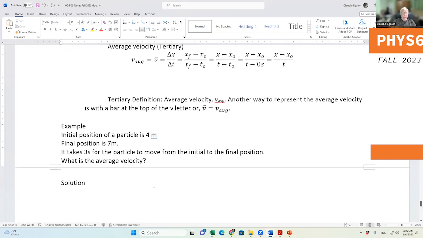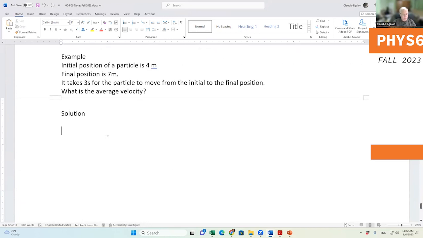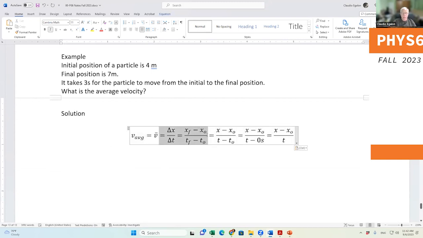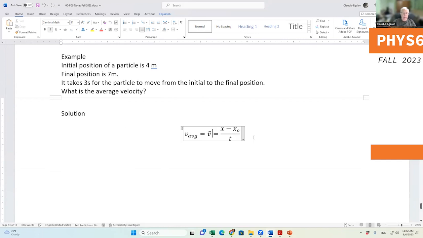And when we apply this formula to this example that you see right in here, that should be 7 meters.